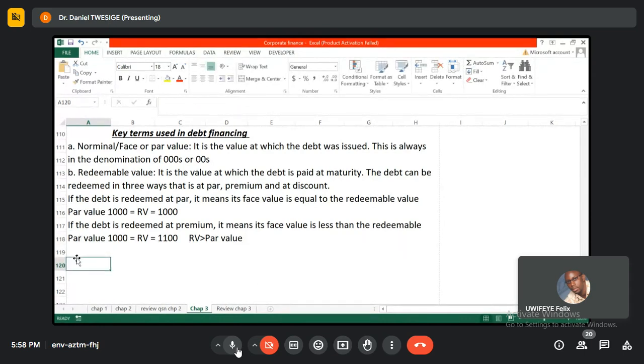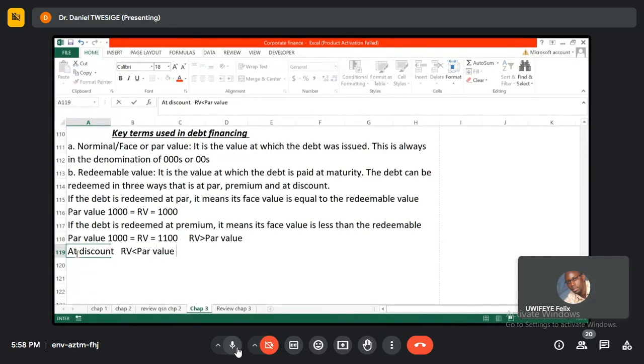Now, another one is when you are redeeming the debt at a discount. In that case, the redeemable value is going to be below the par value.